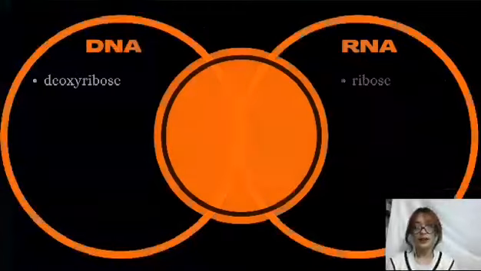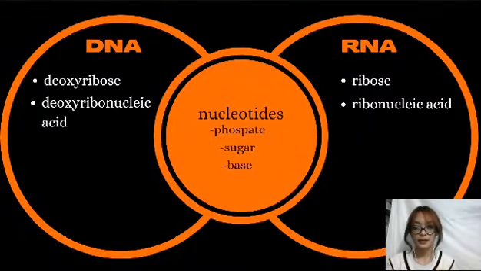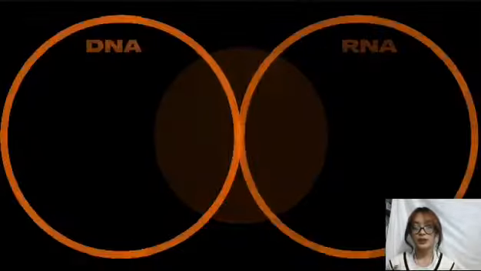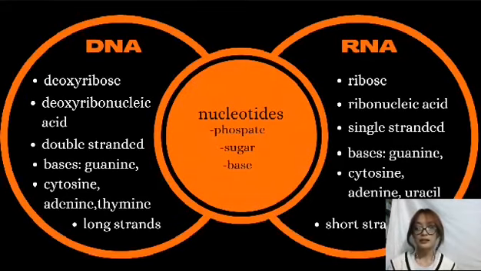So DNA and RNA are both nucleic acids and are made of nucleotides. Nucleotides have a phosphate, a sugar, and a base, but the sugars in DNA and RNA are different. DNA is made of deoxyribose and RNA is made with ribose sugar. This is where they get their names, deoxyribonucleic acid and ribonucleic acid.